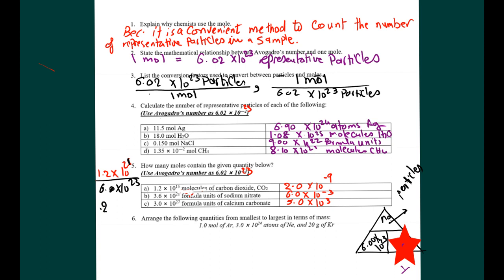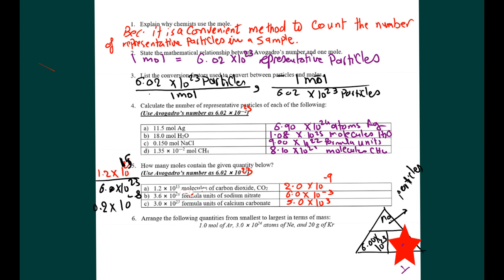Here it will be 0.2 times 10 power 15 minus 23. 15 minus 23 equals minus 8.